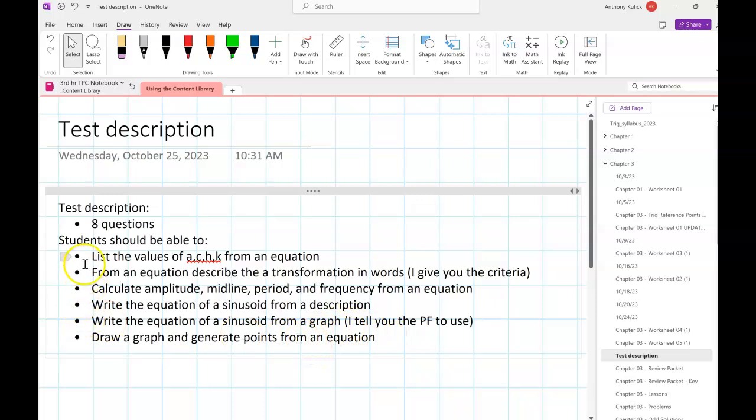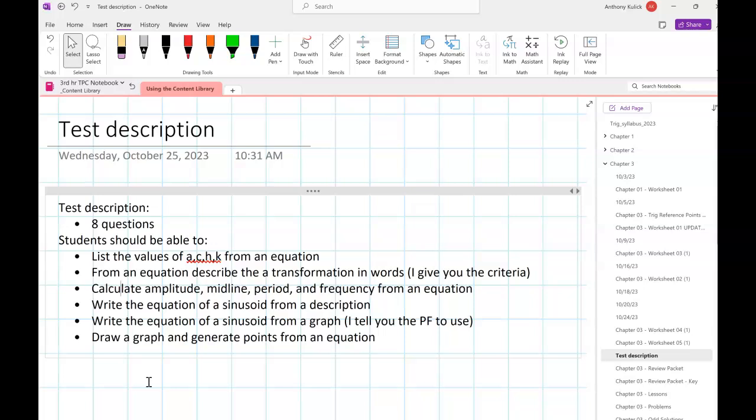So basically, what are the 3 kinds of problems we're going to ask you to do? The same 3 problems you saw on your most recent homework quiz that you did with a partner, right? You may see some of the same things broken down as a sub-question, where I ask you to tell me the values for A, C, H, and K, but you had to do that to do the graphing problems.